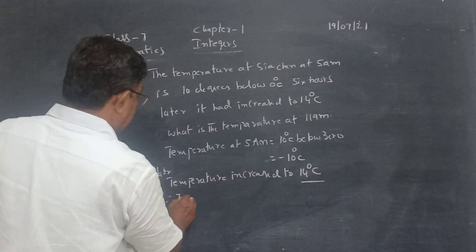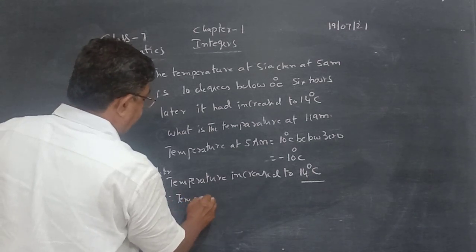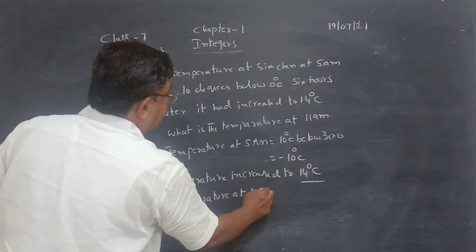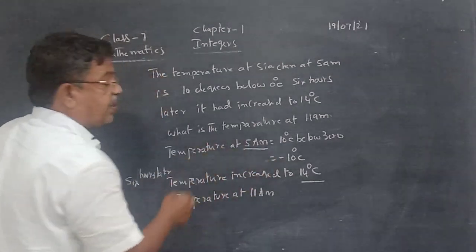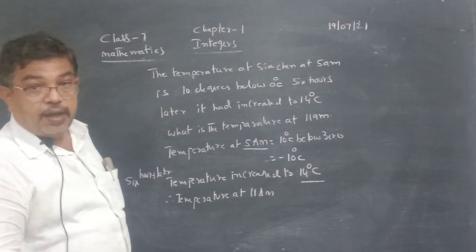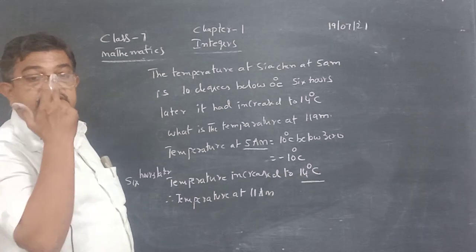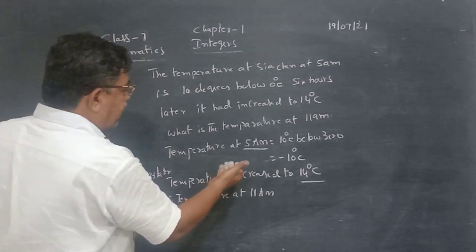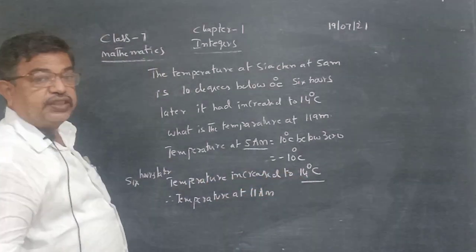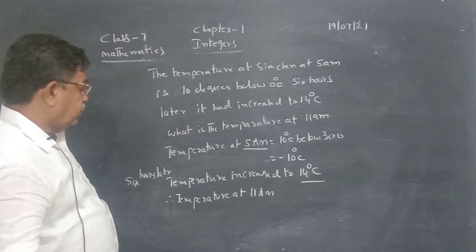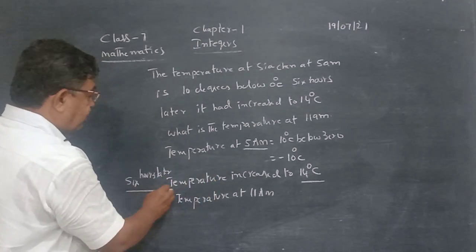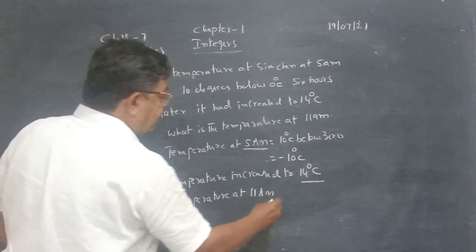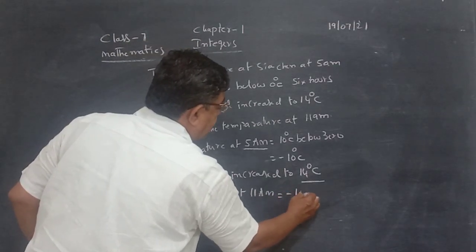Therefore, this is the temperature at 5 a.m. How much is it? Minus 10 degrees centigrade, which is a negative integer. From there, the temperature is increased to 14 degrees centigrade. After 6 hours, 5 plus 6, it is 11. So we are finding the temperature at 11 a.m., which is equal to minus 10 plus 14.